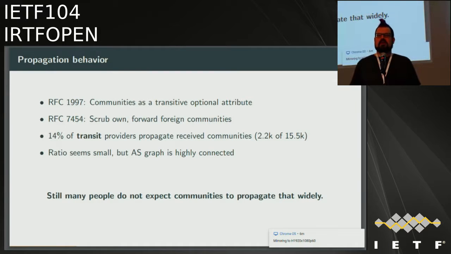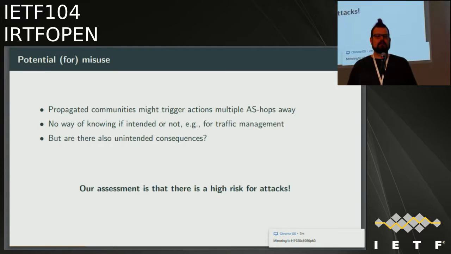Still, a lot of people do not expect this, and a lot of transit providers don't actually forward them. We only found 14% of transit providers propagating received communities. And yes, this value seems small, but the AS graph is highly connected, so you actually end up with communities traveling quite a lot. But still, many people do not expect them to propagate widely.